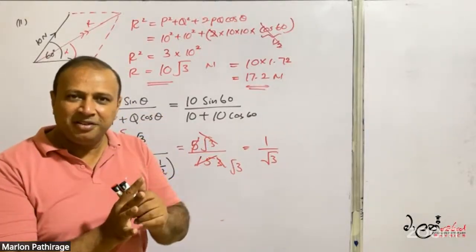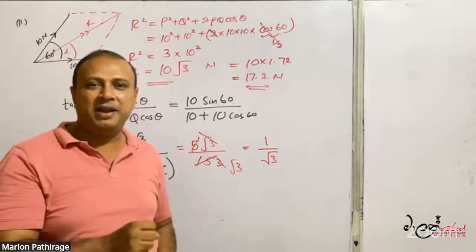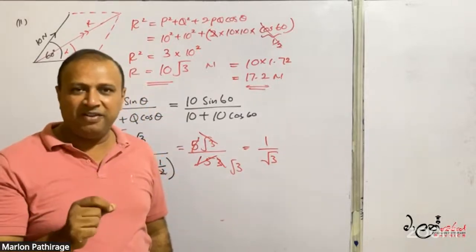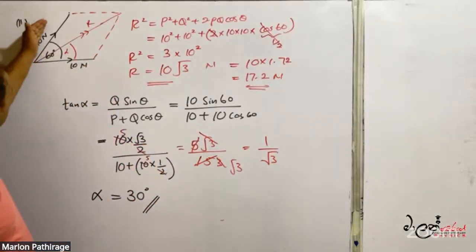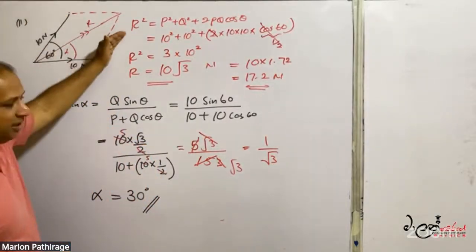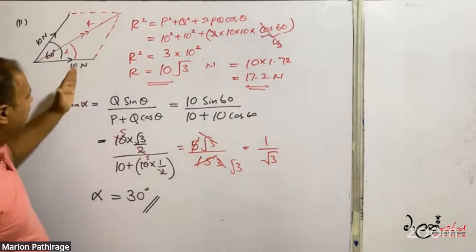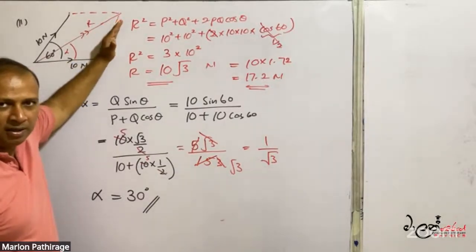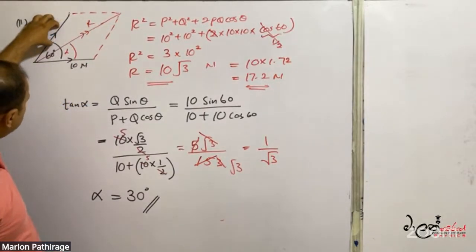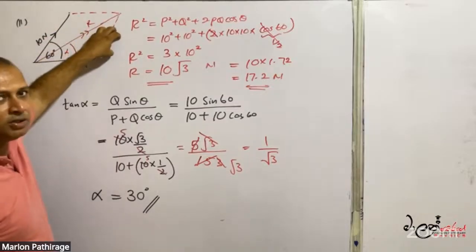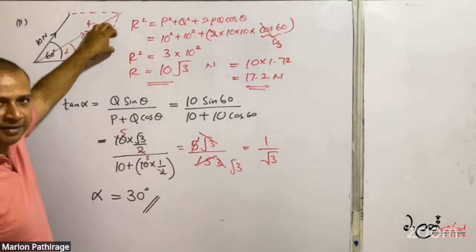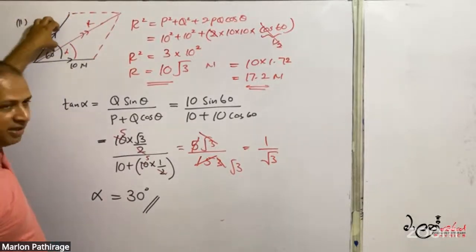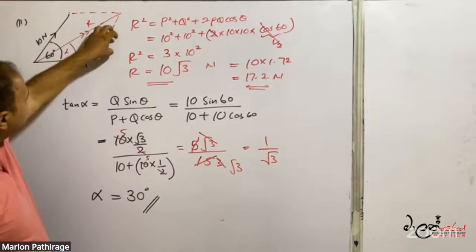Then we have applied the principle of vector addition indirectly, because these two sides are equal in magnitude and direction also equal. Therefore, this vector is equal to this vector. Instead of considering this vector, I can consider this.